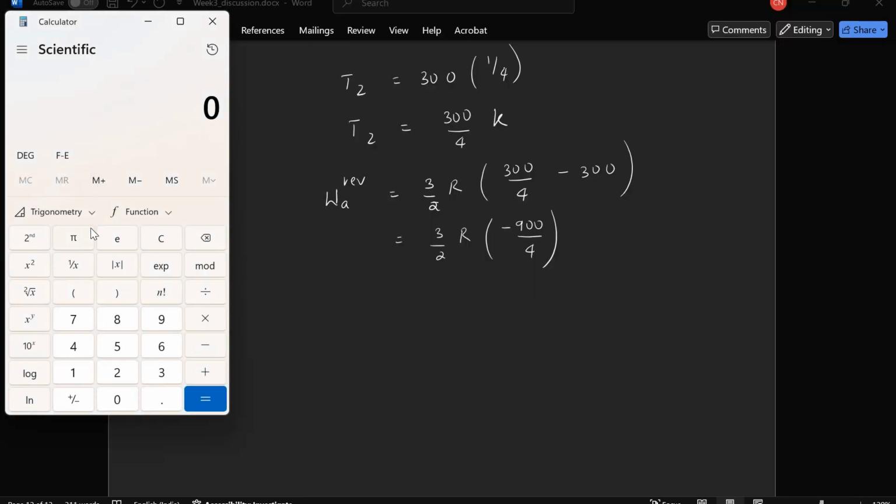So we need 3 into 8.314 into 900 divided by 8.